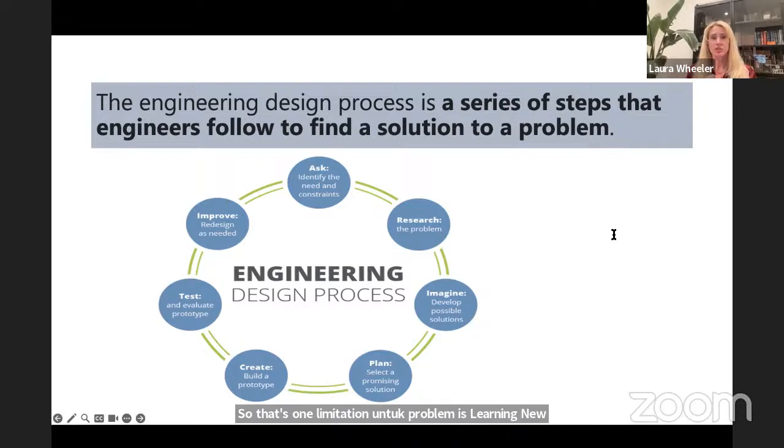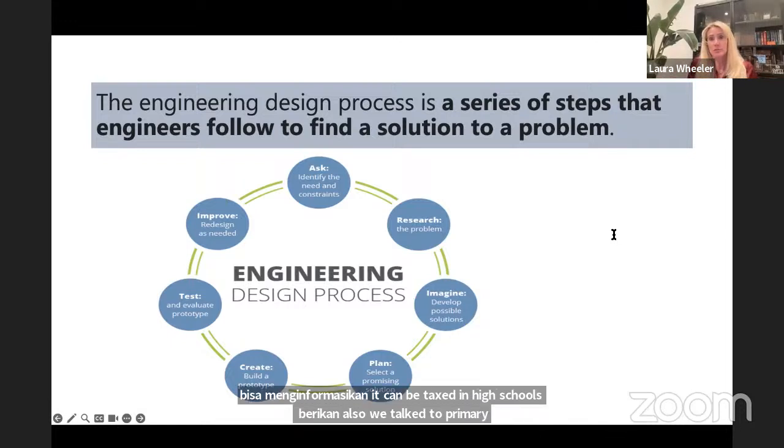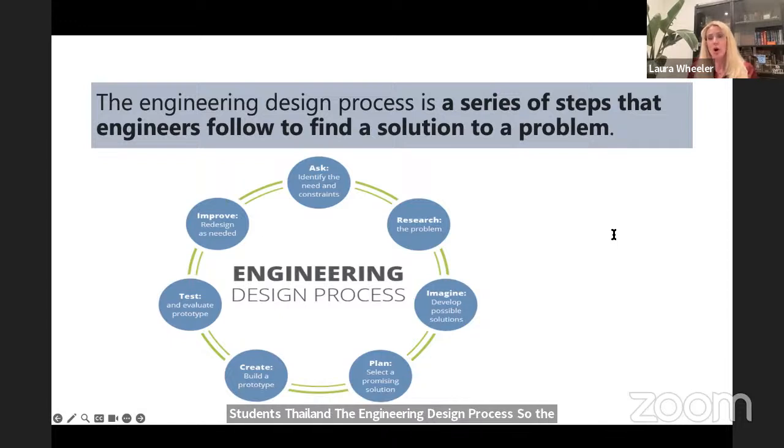As teachers, we can help with that, but it takes time. When I have used the engineering design process, it can be taught in high schools, but it could also be taught to primary students. They learn the engineering design process well too, so it adapts well to all ages.